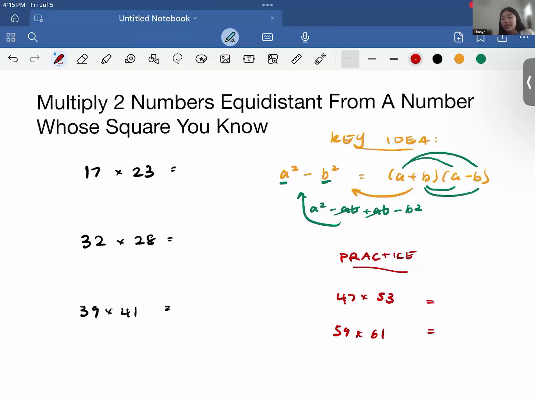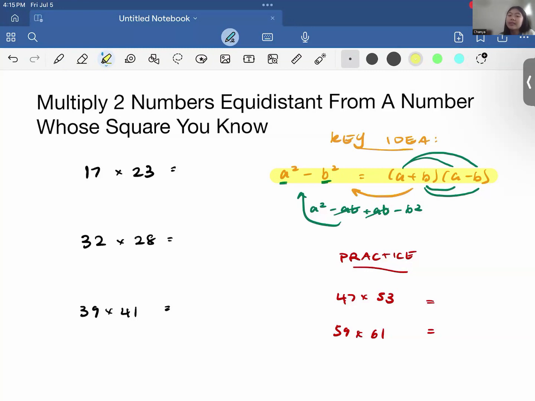of squares. So I don't know if you've watched my difference of squares video, but if you have, then you might recognize what I wrote here. That's basically that a squared minus b squared is equal to a plus b times, in parentheses, a minus b.